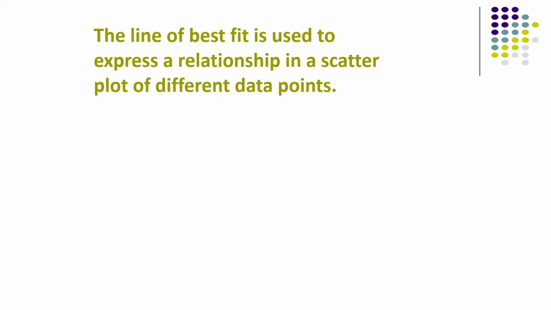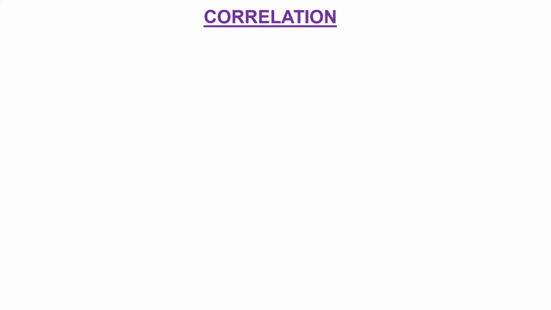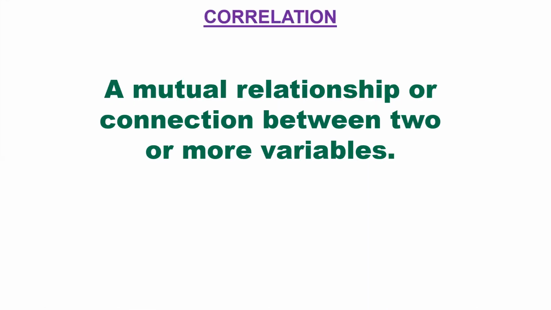Relation means two quantities are having some interdependent connection. For example, Ohm's law says that voltage is directly proportional to current. This is a relation, and this relation has some physical facts. What is a correlation?